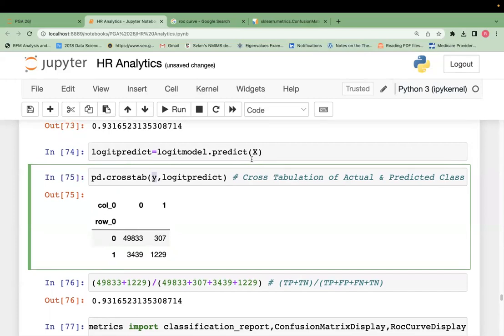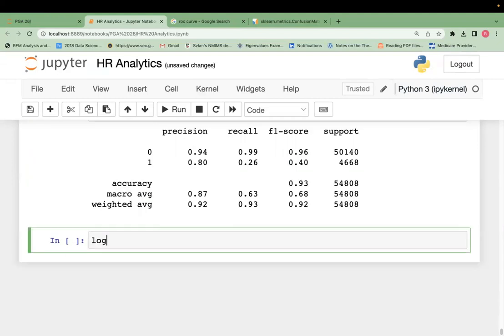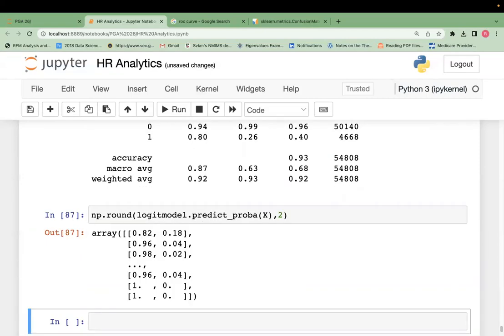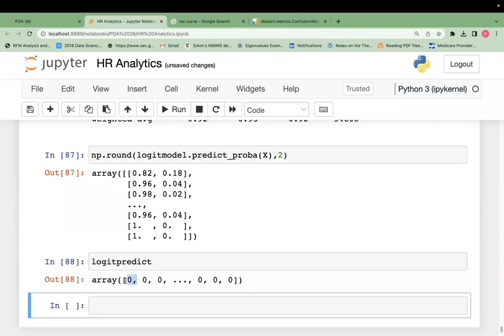If you want probability prediction also, you can do that: logic model dot predict underscore proba. So it is giving the probability prediction for row number 1. 82% is for 0, and 18% is for 1. See, the first row is 0. Why is the predicted 0?